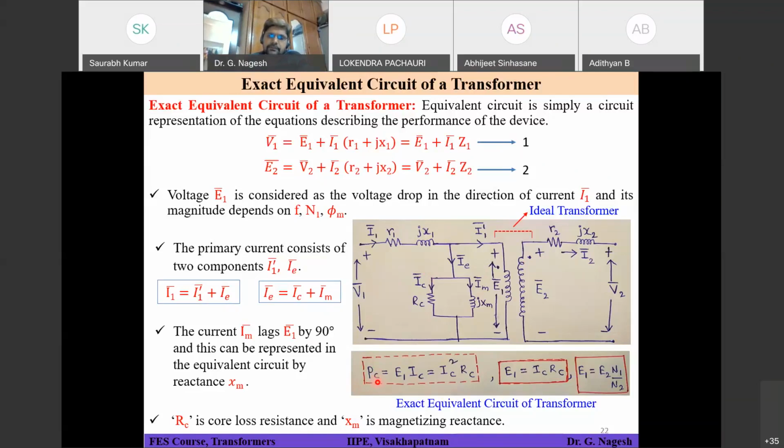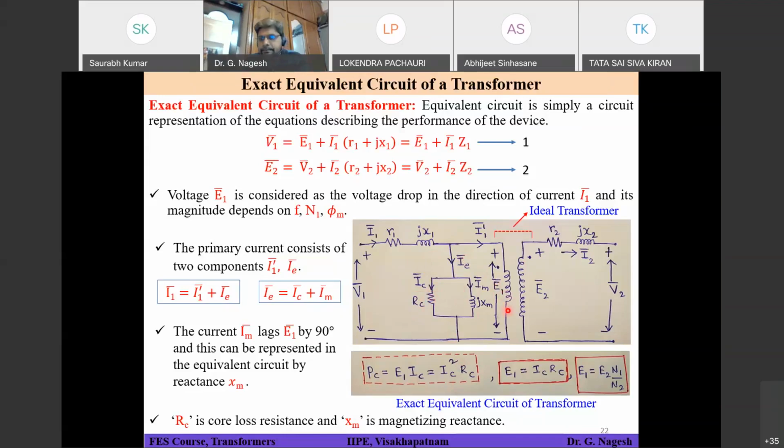Okay, both mean the same. So PC stands for core losses. P for power and C for core. So PC stands for core losses. What is the equivalent circuit of the core? This shunt branch. What is the power consuming element in these two? It is only RC. Okay, so power is equal to I square into R or V into I.